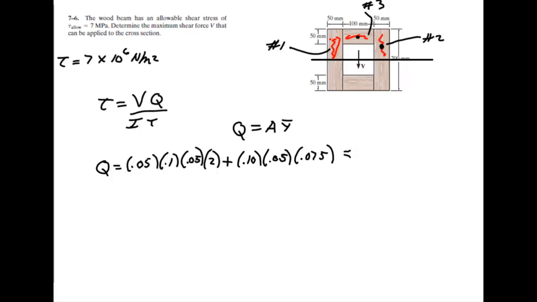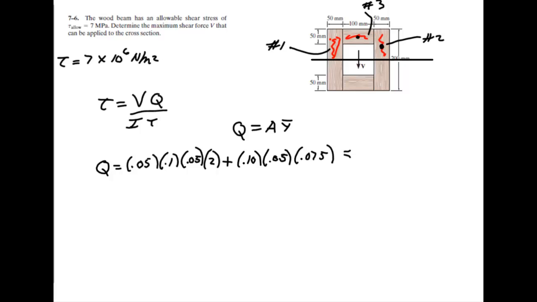And I'll grab the calculator real quick. We'll run that number there. That's 0.05 times 0.1 times 0.05 times 2 plus 0.1 times 0.05 times 0.075.